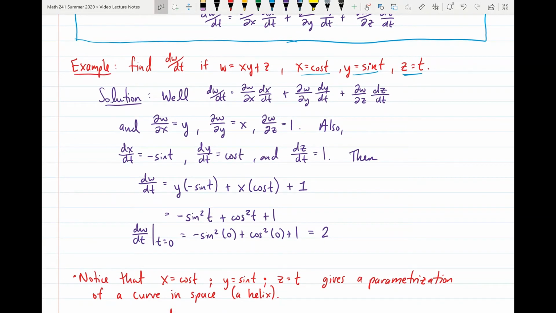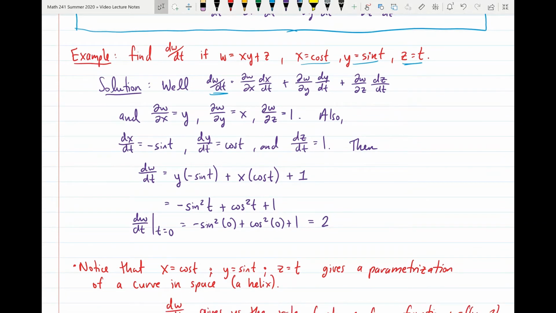So by the theorem that we just developed, the derivative of w with respect to t is going to equal partial w with respect to x times dx dt plus partial w with respect to y times dy dt plus partial w with respect to z times dz dt. And we're going to solve for all of these different expressions that are showing up here.